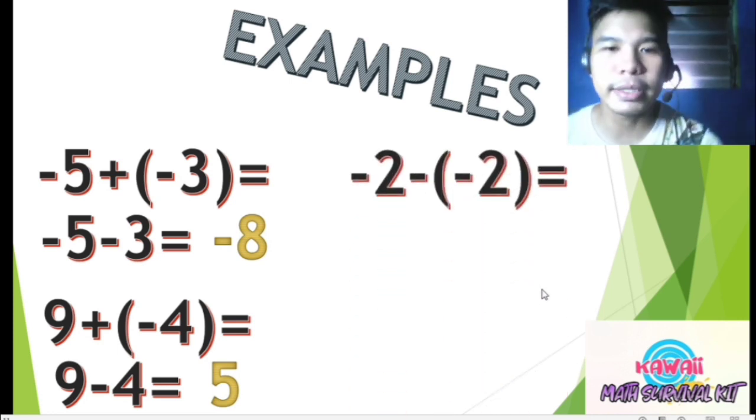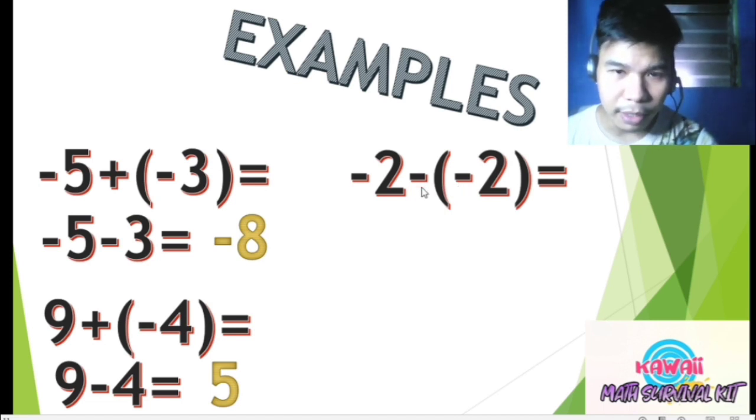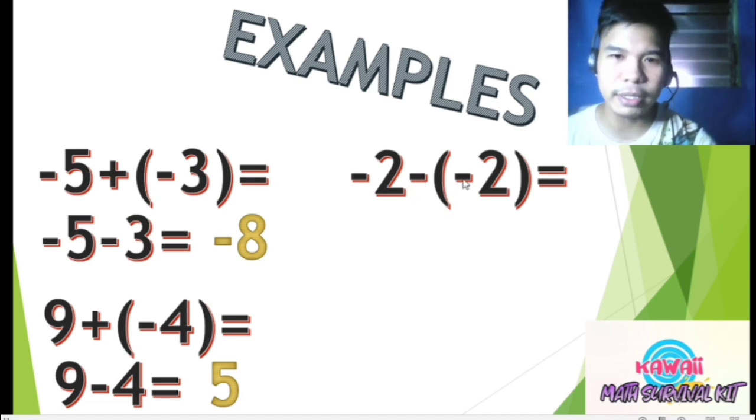Next, what if we have negative 2 here minus quantity negative 2? As you can see here, they are alike. The sign outside the parenthesis and the sign inside the parenthesis are alike. So if we have this condition, this will become positive.